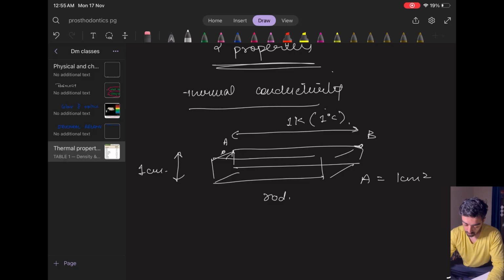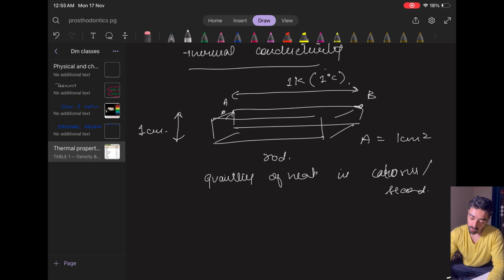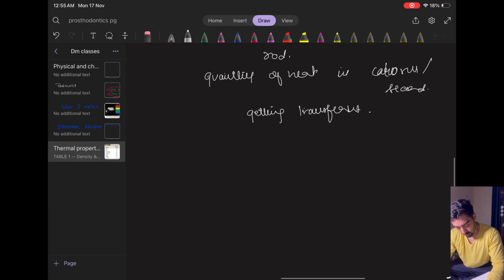The quantity of heat, in calories per second, getting transferred is known as thermal conductivity. The quantity of heat getting transferred through a rod which is 1 centimeter square in cross section, having a thickness of 1 centimeter and a constant temperature difference of 1 Kelvin is called thermal conductivity.